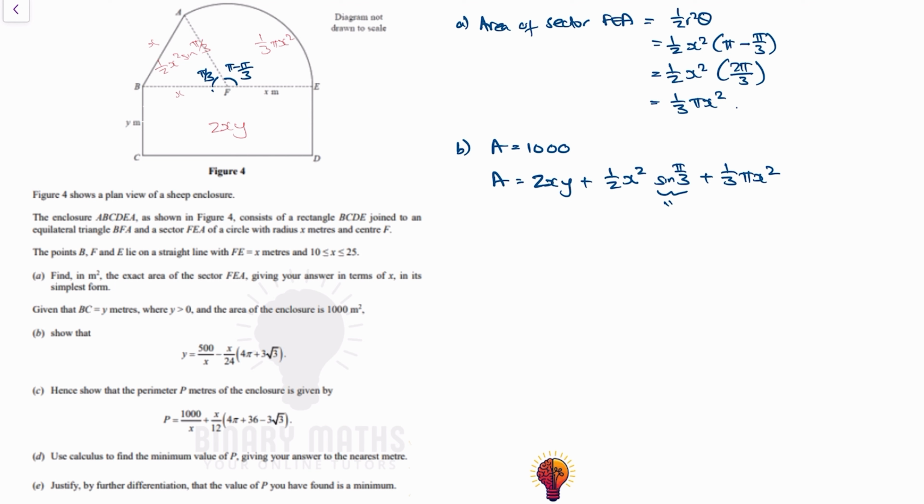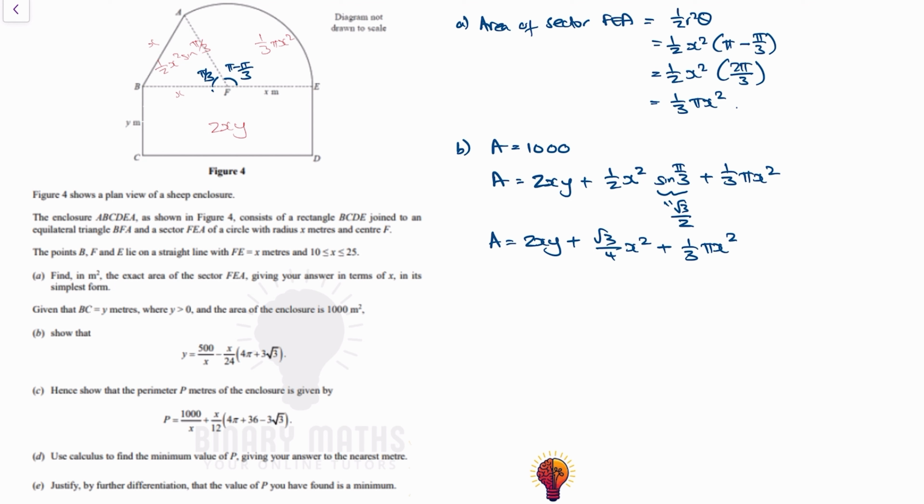We know sine pi over 3 is root 3 over 2, so A is equal to 2xy plus root 3 over 4 x squared plus a third pi x squared.